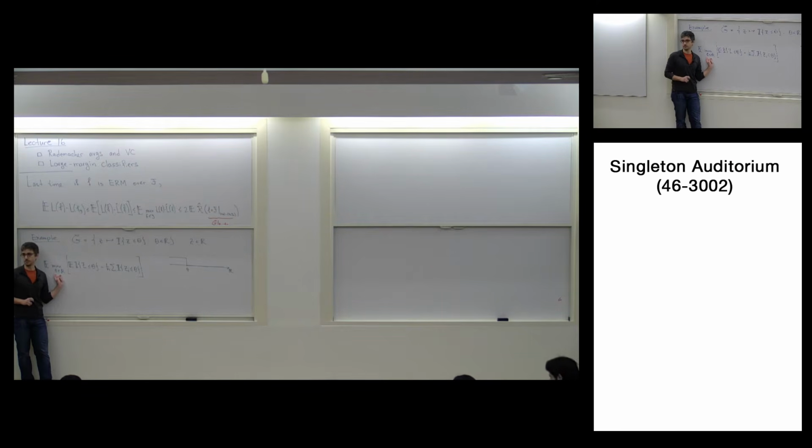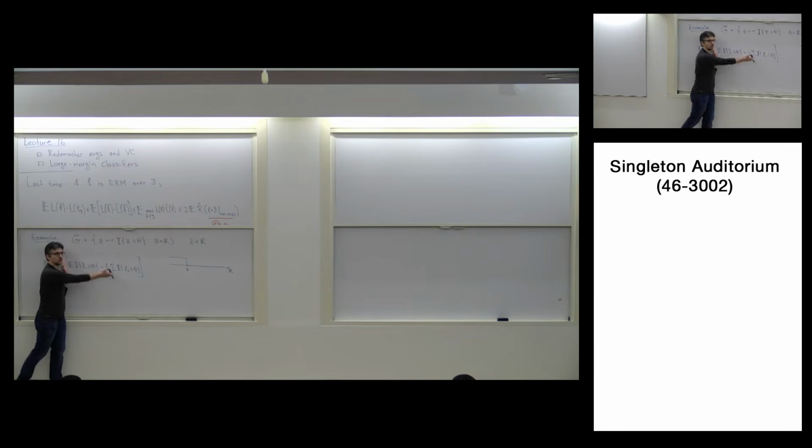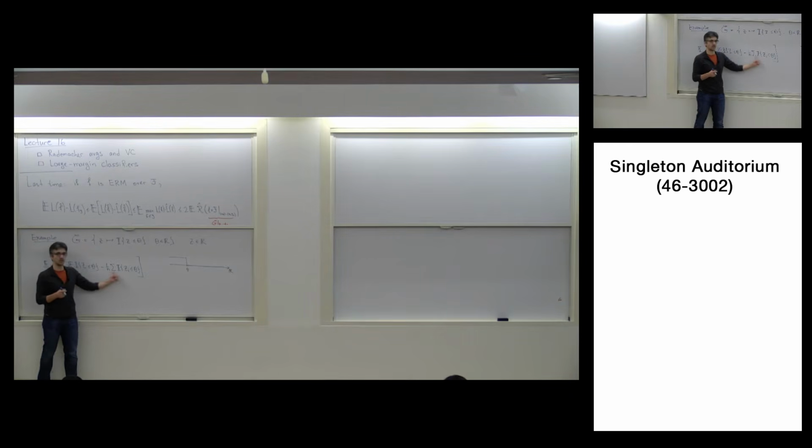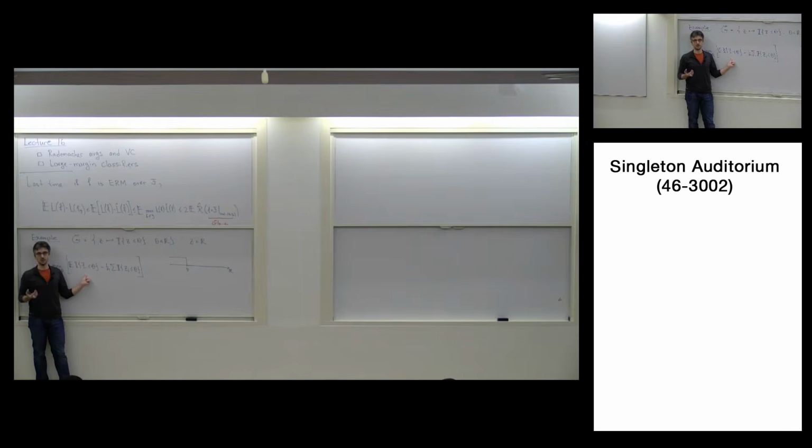So if I fix one single theta, of course, by the law of large numbers or the central limit theorem, this behaves as 1 over square root of n. So the main question is, what if I ask you uniformly: is it the case that for all theta at the same time, these two functions, one random and one non-random, the empirical CDF and the true CDF, are close?